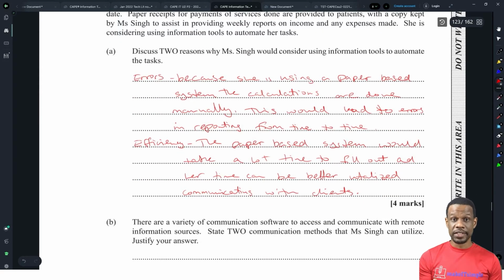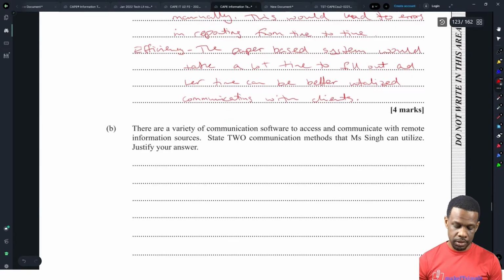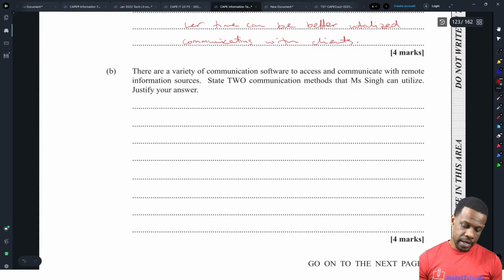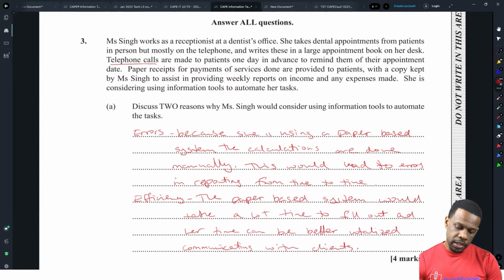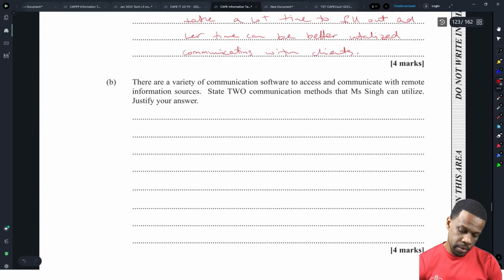But we will have to wait and see what the specimen paper said, because the specimen paper could be a little weird. Alright, there are a variety of communication software to access and communicate with remote information sources. State 2 communication methods Miss Singh could utilize. Now, apparently she's using the telephone all the time. We want to communicate with patients, so we want communication methods.